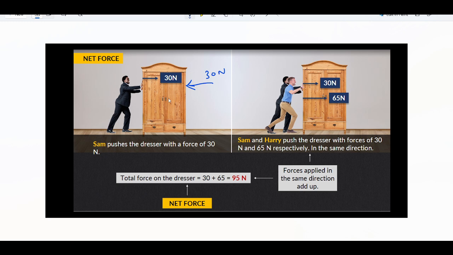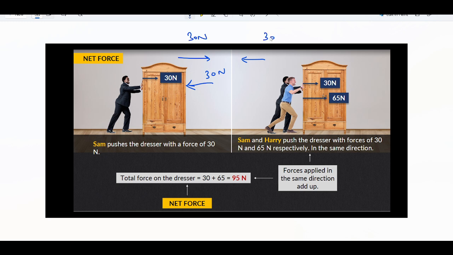Would the dresser move? No, because both of them are going in opposite directions. They are both equal also, right?